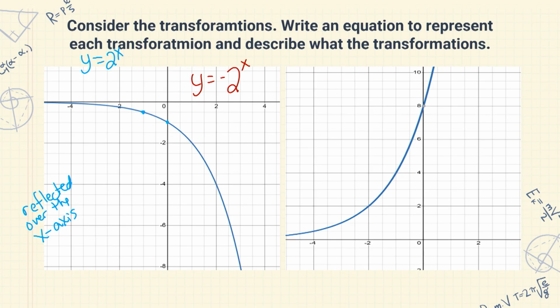So when I go from y equals 2 to the x and I flip it, I go to y equals negative 2 to the x. Good job.